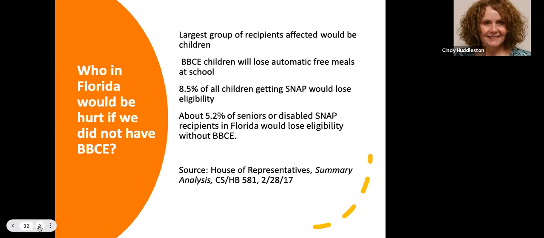And of course, as I noted before, they're also going to lose their automatic eligibility for free school meals. Over 5% of seniors and persons with disabilities would also lose eligibility. And of course, DCF would be burdened with the additional red tape verifying assets. So it's to everyone's benefit to have broad-based categorical eligibility in place in Florida.